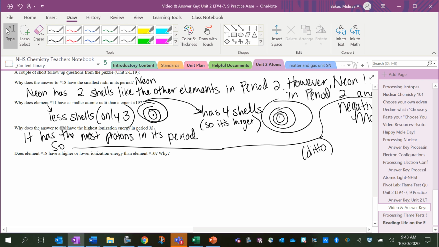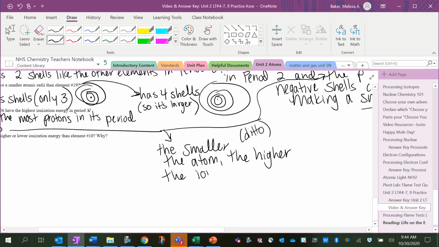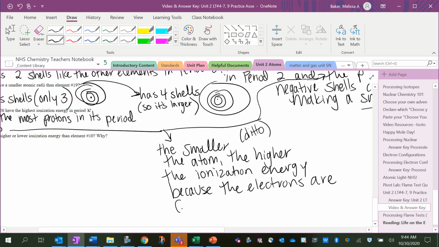Oh wait, this isn't asking why it's smaller. It's asking why it has the highest ionization energy. So let me follow up. The smaller the atom, the higher the ionization energy, because the electrons are closer to the nucleus.